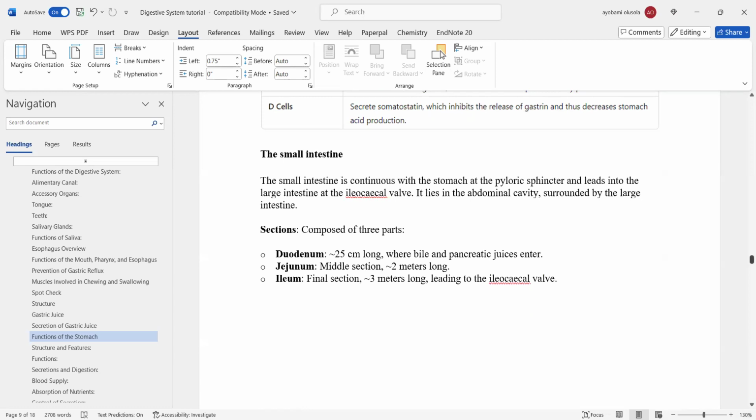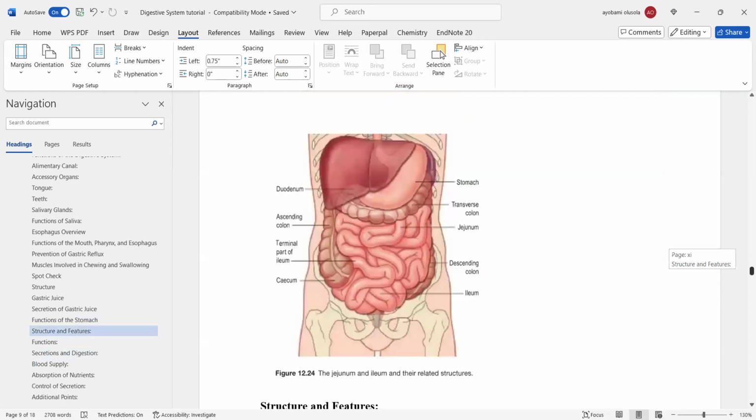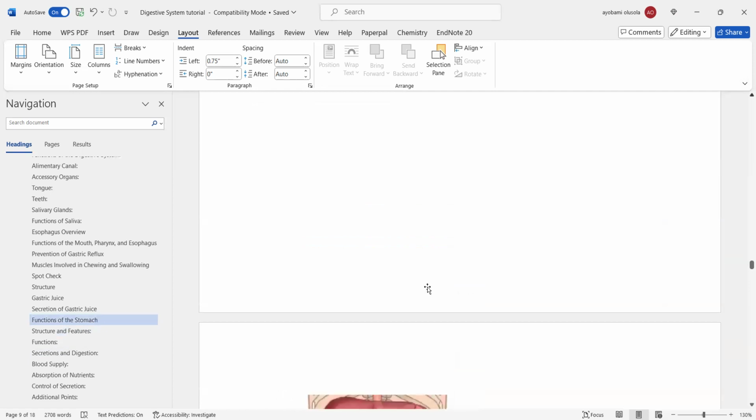So take a look at the picture here. You will see that this is the small intestine, okay, and it's surrounded by the large intestine.